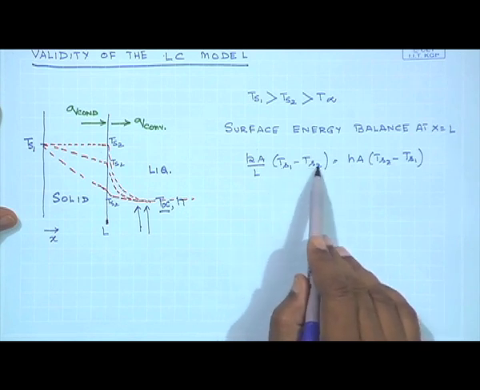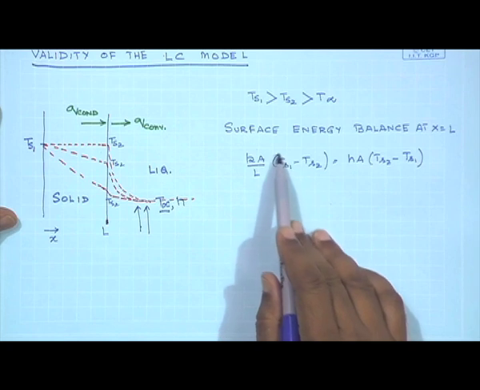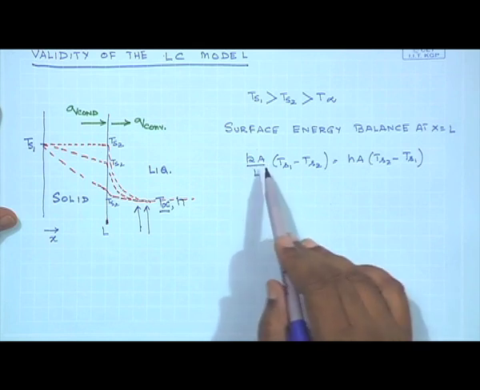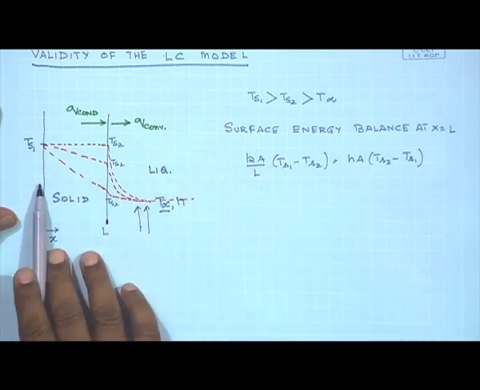So, Ts1 minus Ts2 divided by L essentially gives you the temperature gradient.